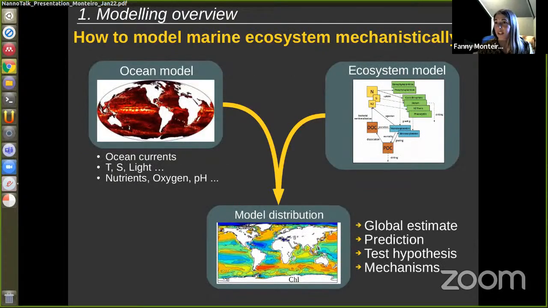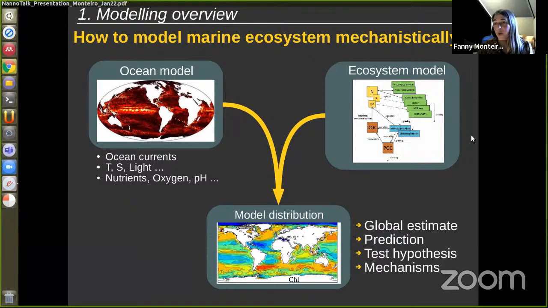So how do we model marine ecosystems? That's the mechanistic approach, where we have all the processes. First we have an ocean model that represents the physical state of the ocean, the ocean currents, and also temperature, salinity, light, mixed layer depth, etc. And to that model, we add some biogeochemical tracers like nutrients, oxygen, pH, anything that we need for the ecosystem.